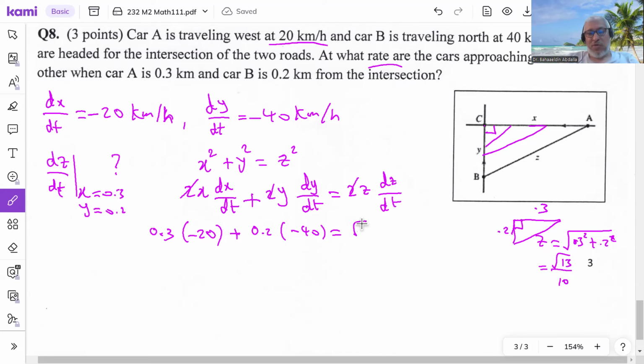So this is square root of 13 over 10 times dz by dt, which is the unknown we need to find. If you multiply the left-hand side, you will have -14. So -14 would be equal to square root of 13 over 10 times dz by dt.